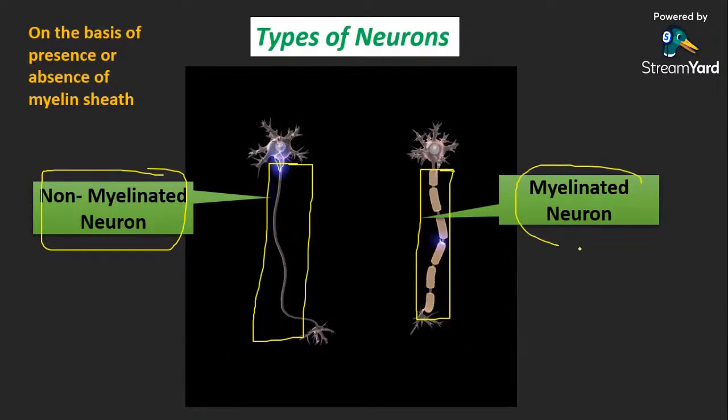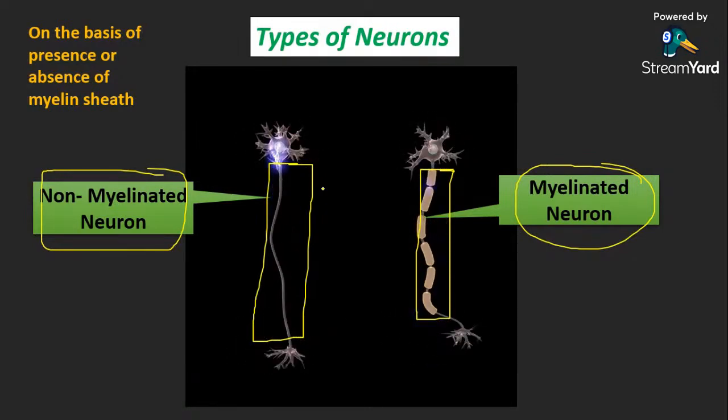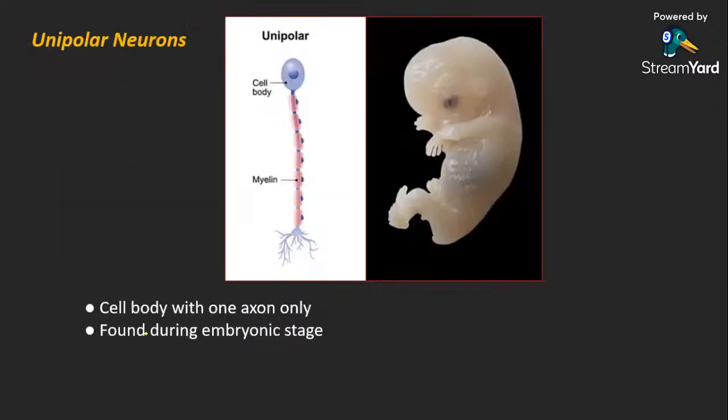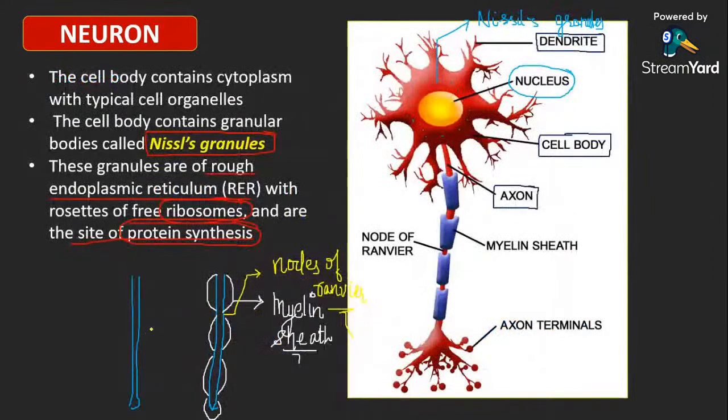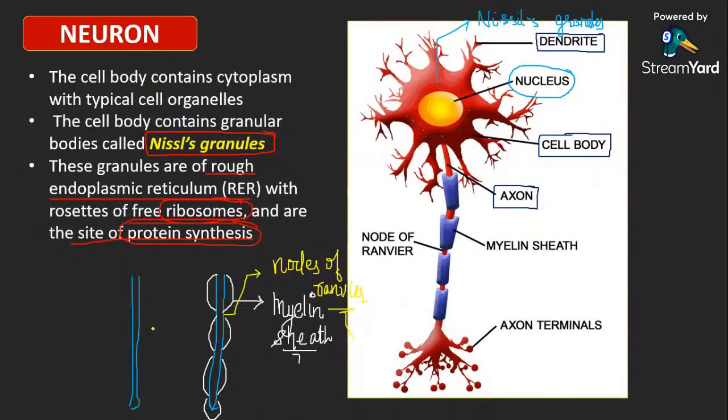Such type of neuron, you will call myelinated neuron. Clear? So we will have a discussion on the differences between the myelinated neuron and the non-myelinated neuron. So you must study, there are three major parts such as the cell body, dendrites and the axon, which will be followed by the Nissl's granules, ribosomes, protein synthesis, myelin sheath and the knots of Ranvier. Clear?